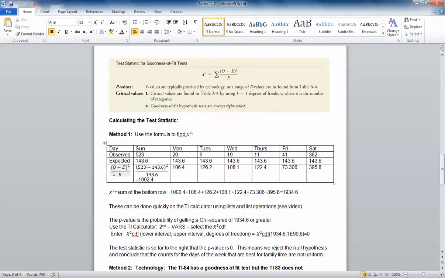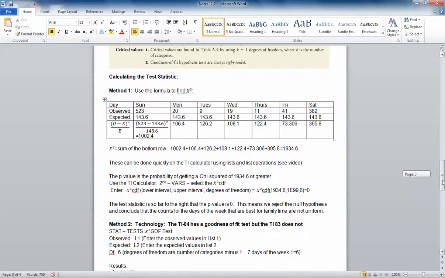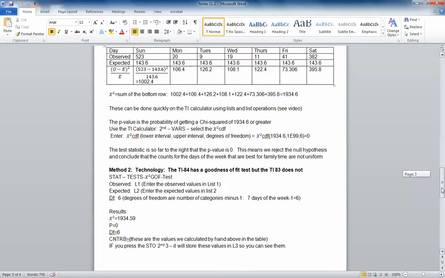If you take the sum of all of those, we get a chi-squared statistic of 1,934.6. Now the TI-84 calculators will run this test. You don't have to find the observed minus expected by hand. So on the calculator, the TI calculator, 84, what we do, well, let me finish this out.